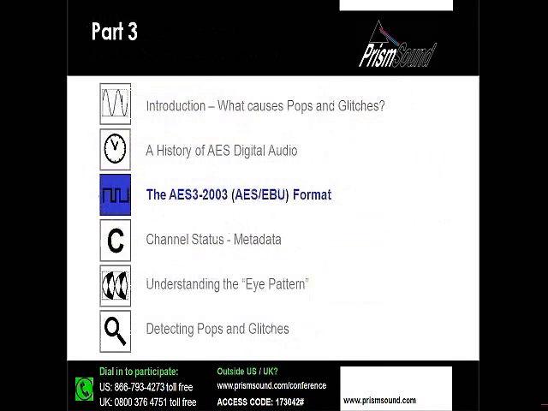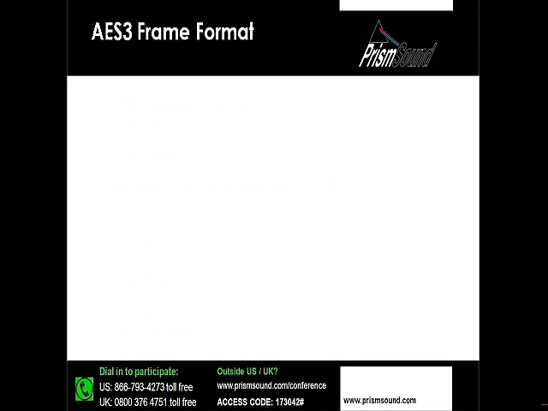So I think what we should do now is just dive into the format and see just how they met this challenge. The AES3-2003 format. This has been obviously revised a number of times over the years, but in essence it stands the way it was first implemented back many years ago.